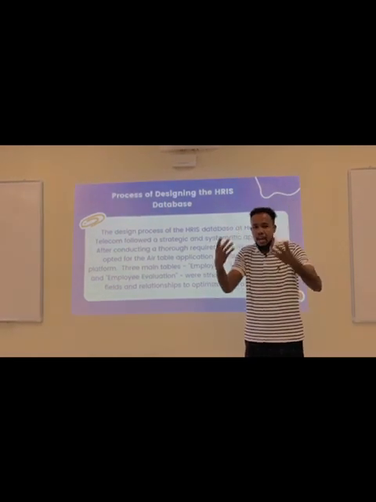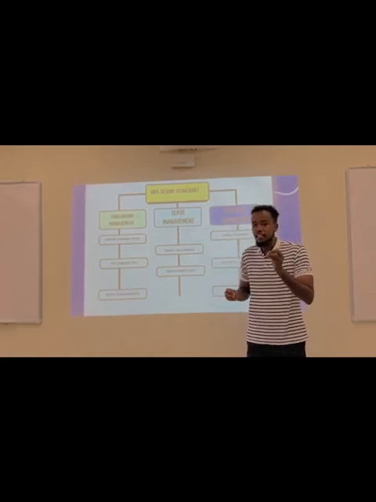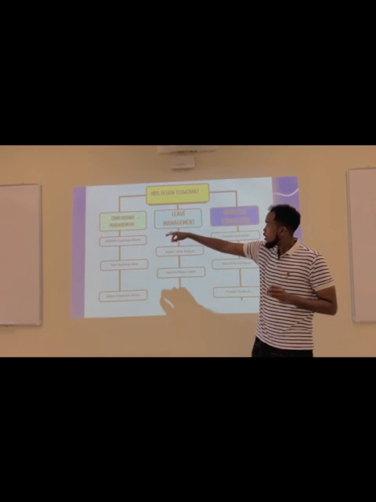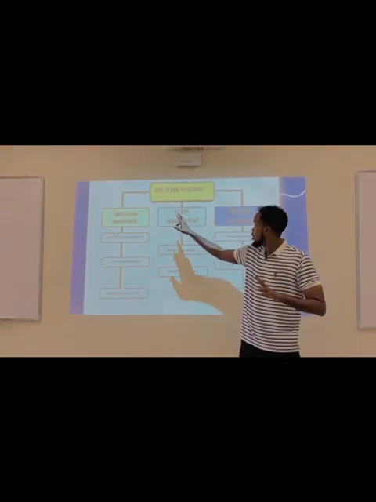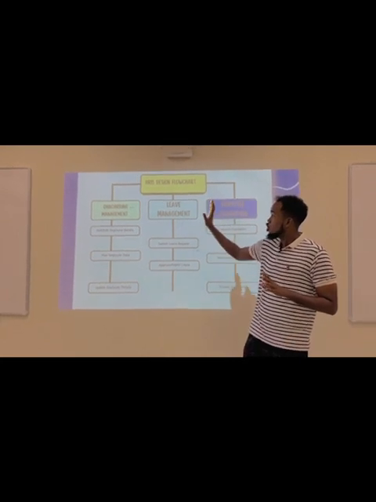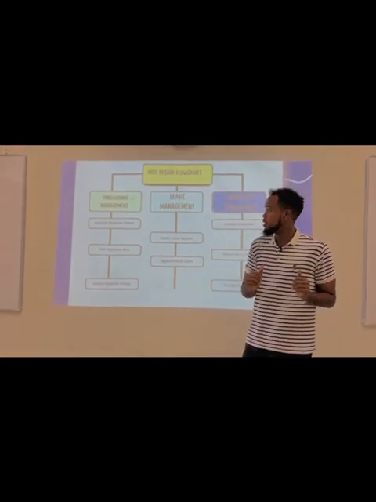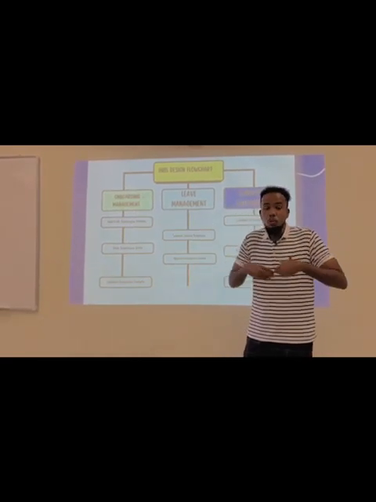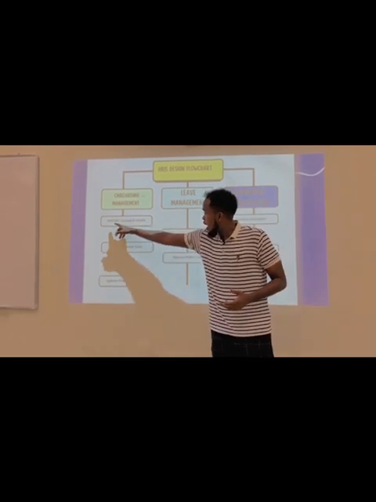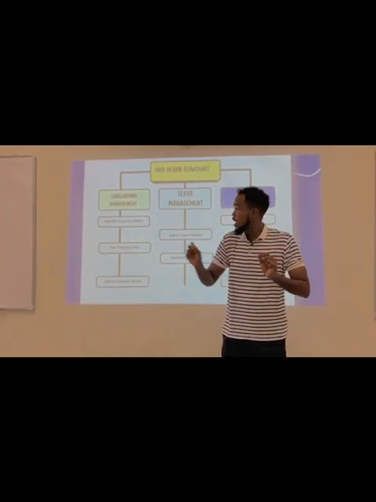For further explanation of how we designed it, you can look at our flow chart. In the flow chart, as I told you, we are focusing on 3 HR activities: onboarding management, leave management, and employee evaluation. So this is the process of the HRMIS system design. In onboarding management, the manager will send the employee a Google form link.